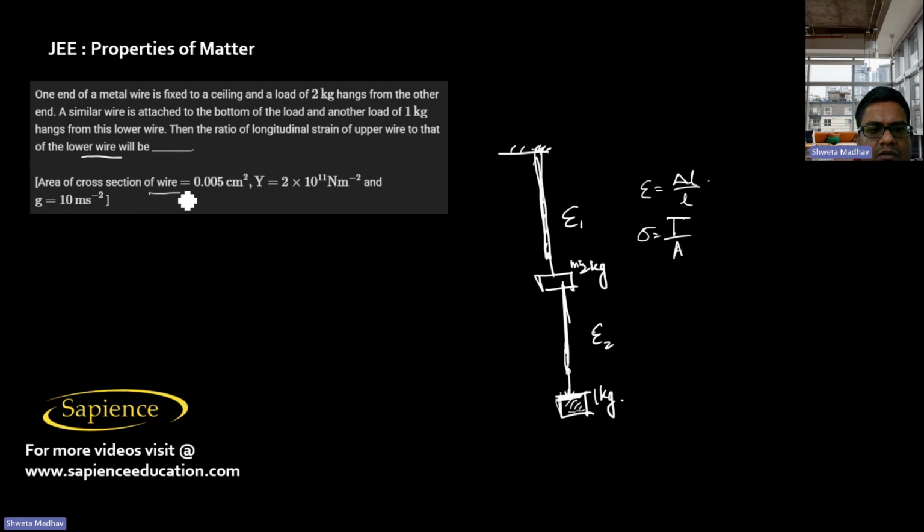The area of cross section of each wire is the same, Young's modulus is also the same, and g is also the same. So the tension will not be the same. We know that stress equals Young's modulus into strain.